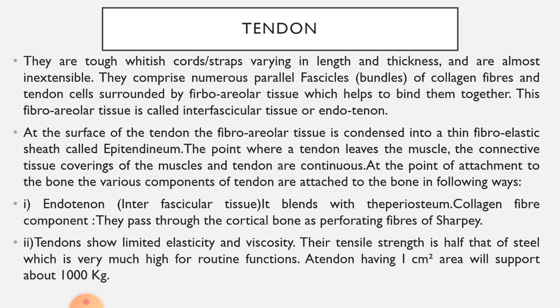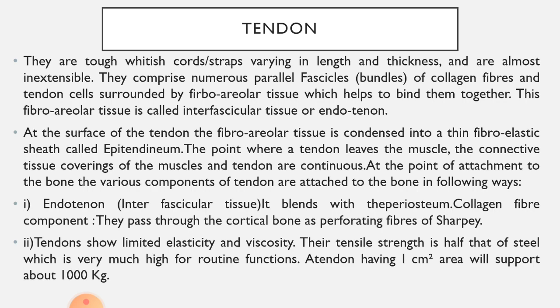Collagen fiber components pass through the cortical bone as perforating fibers. Cortical bone is that part of the bone which is the outer covering of the bone and is known as the protective covering. Tendons show limited elasticity and viscosity. Their tensile strength is half that of steel, which is very much higher for routine functions.